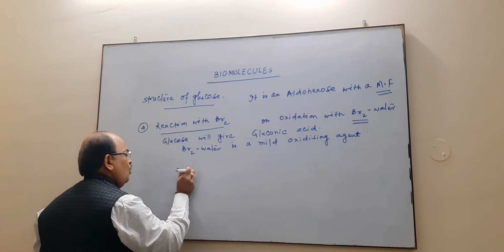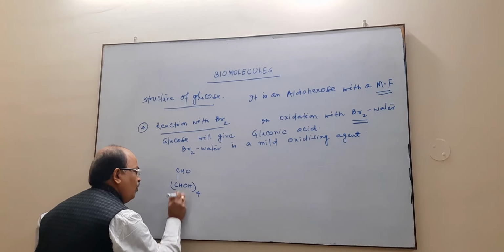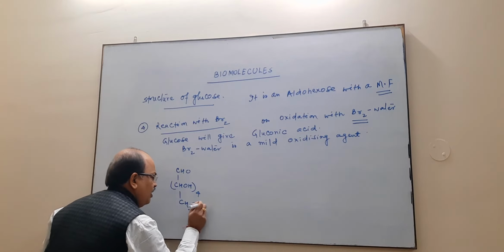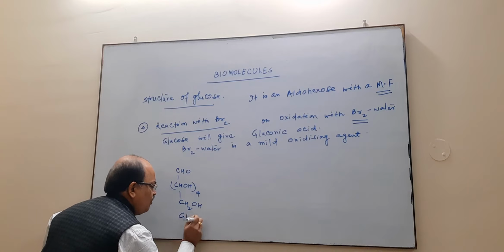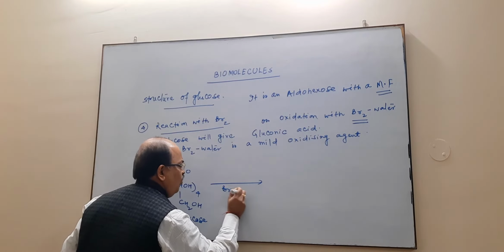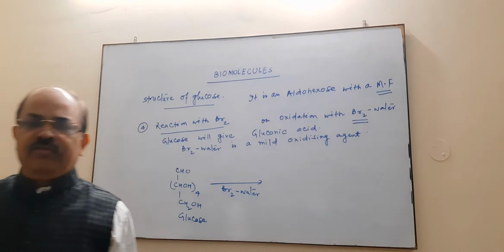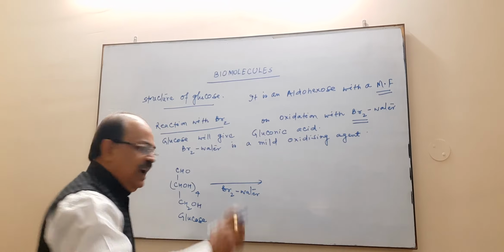So this is your glucose, CHOH whole 4, and this is CH2OH. So this is your glucose. If you oxidize with bromine water, then what will happen? It will give you gluconic acid.